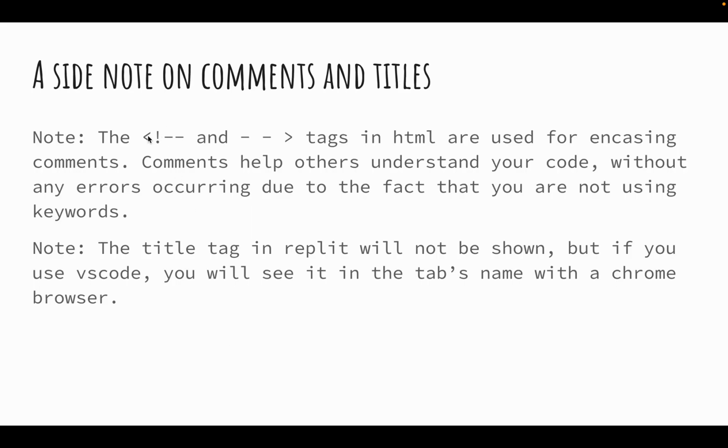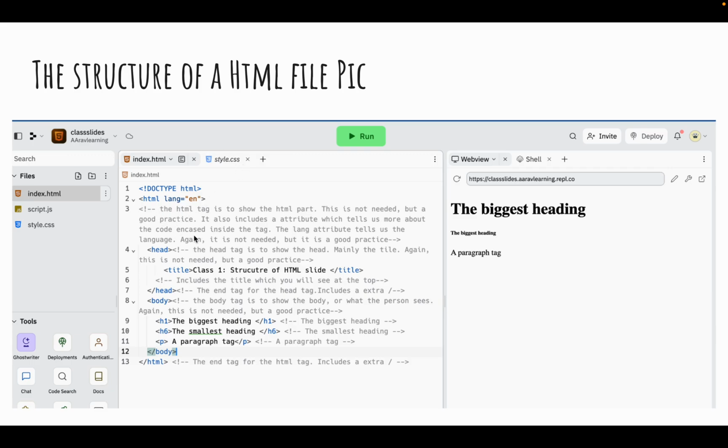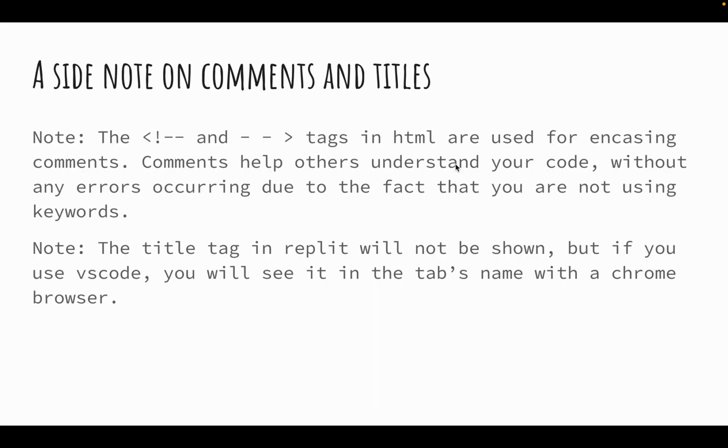And now note, what are these tags? All these white parts are comments which help you understand your code without any errors occurring due to the fact that you're not using keywords. This helps you in case of writing it so people can understand your code.